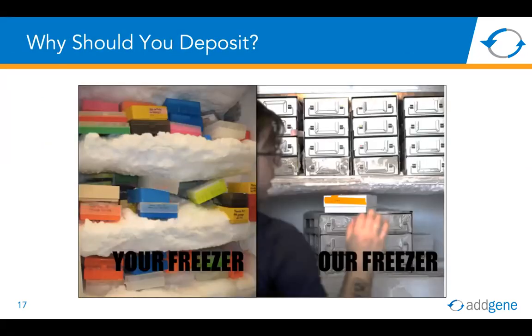So now I'm going to talk a little bit about the benefits of depositing, and why and how depositing works. So I hope that you will consider depositing, and one reason is that maybe the image to the left portrays what your freezer looks like, and the photo on the right is what our freezers look like.